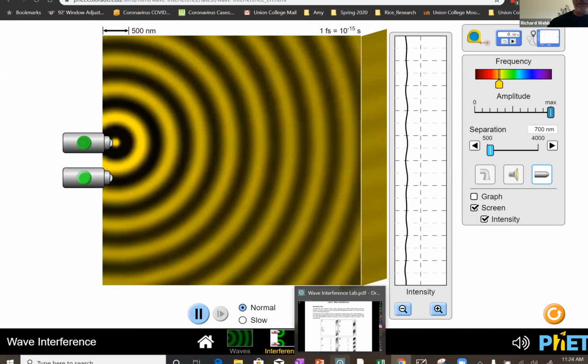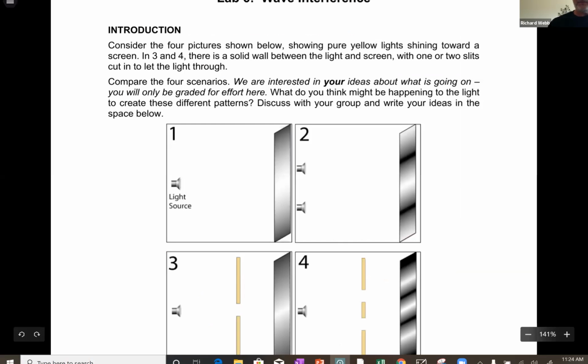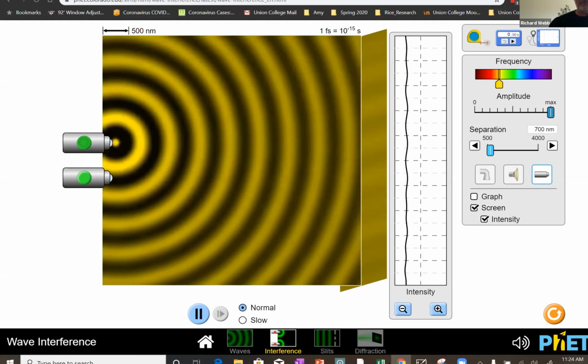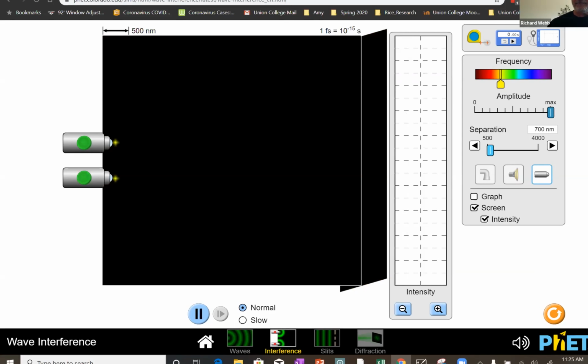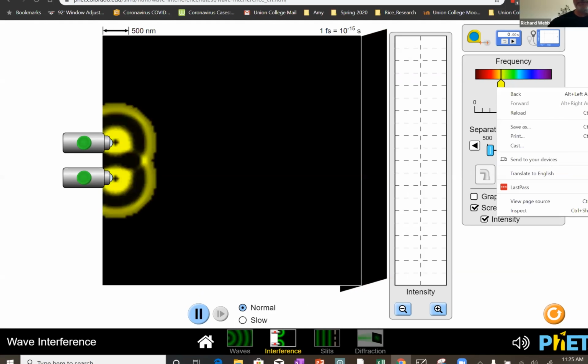Then for the second one, I have 2 lights, and I want it to be dark, 2 dark spots, and then bright at the edges. Now I need to have both of them. I still don't like my color yellow, but I can't control the slider very well.